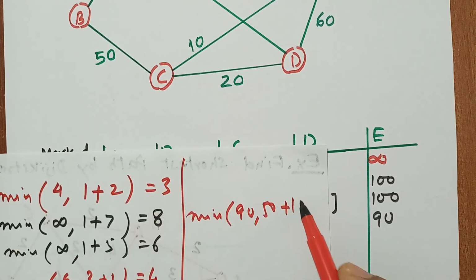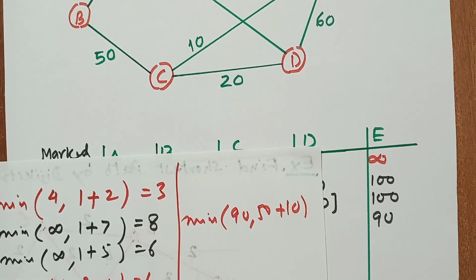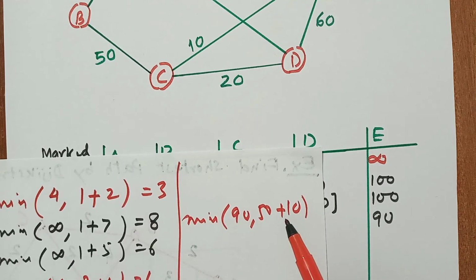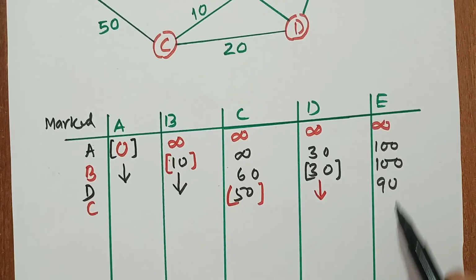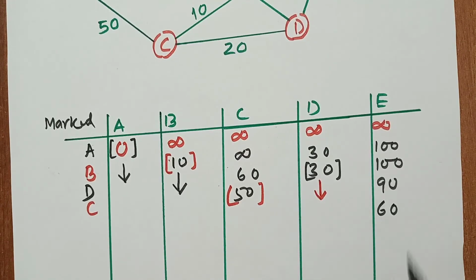So the minimum of 90 and 60 is 60, and we write 60 here.